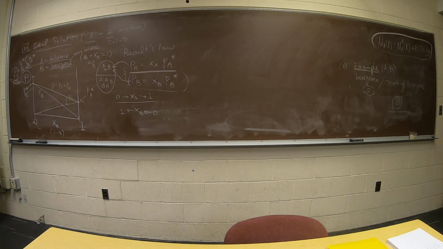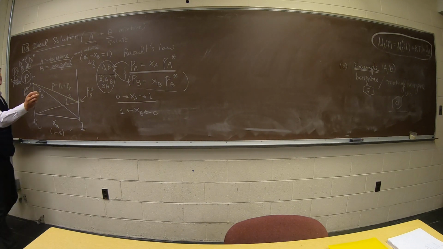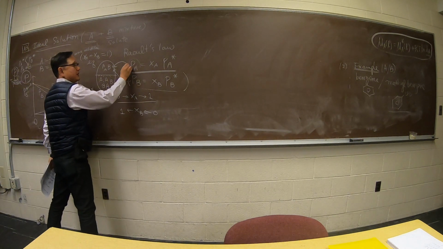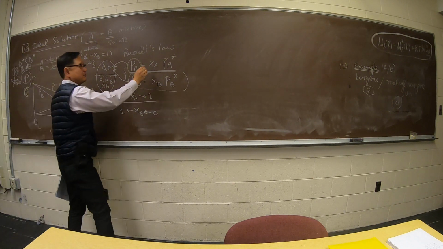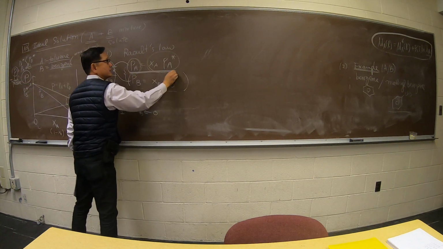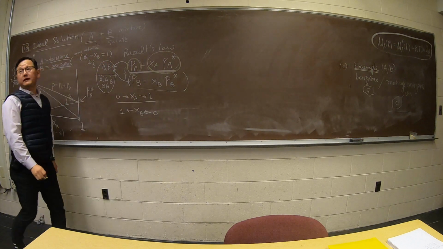This is actually too good a story to be true, okay? But for this particular case of toluene and benzene, it doesn't deviate too much from this kind of scenario. This is a very, very nice scenario. Why? Because whatever is happening in the gas phase, I have predictive knowledge from what I can get from the liquid phase.